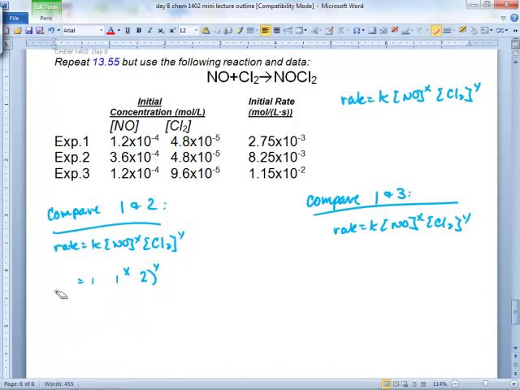Oh, I totally messed this up. Comparing 1 and 2. Yeah, it's 4.